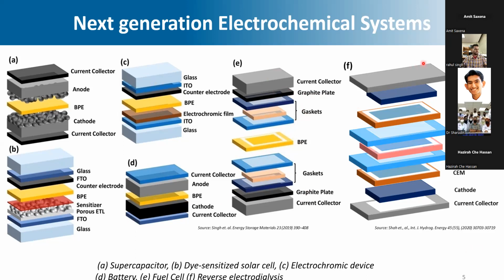And here this is the reverse electrodialysis setup. In this setup, we are taking a salinity gradient of high concentration water and low concentration water, and we are producing energy through the salinity gradient.